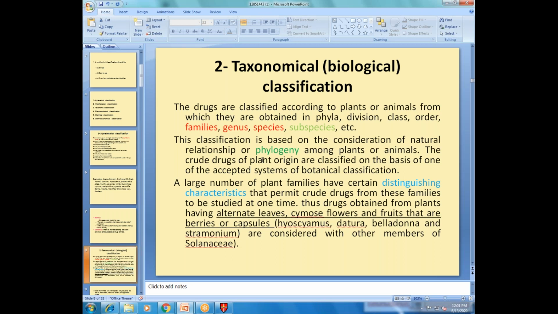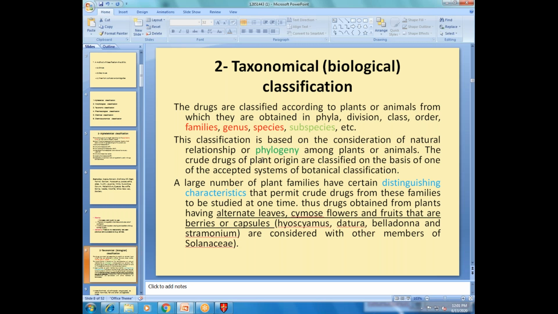Thus, drugs obtained from plants having alternate leaves. It would have been very easy to explain on the board. Alternate leaves, opposite leaves, what are they? If there is a stem, and the leaves are attached opposite to each other on the stem, it is called opposite.